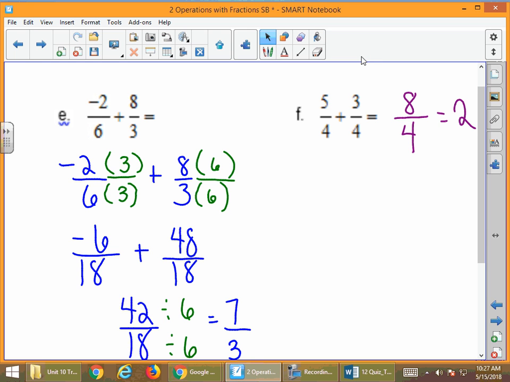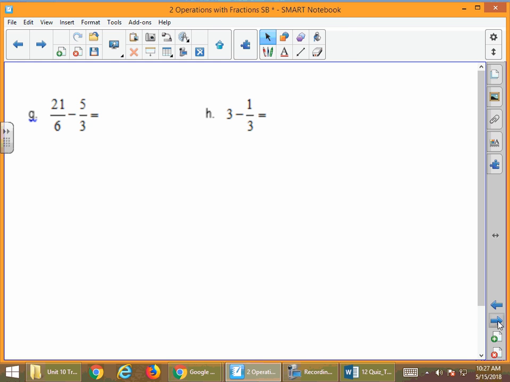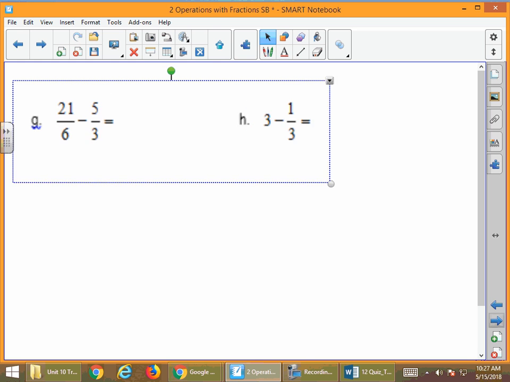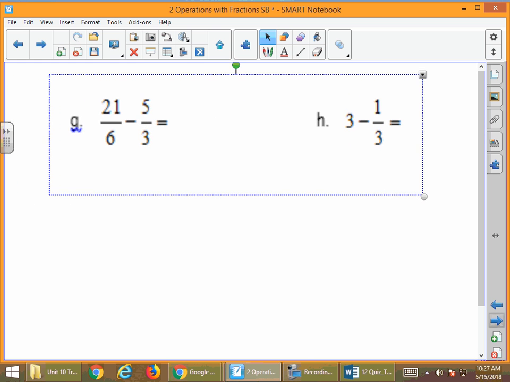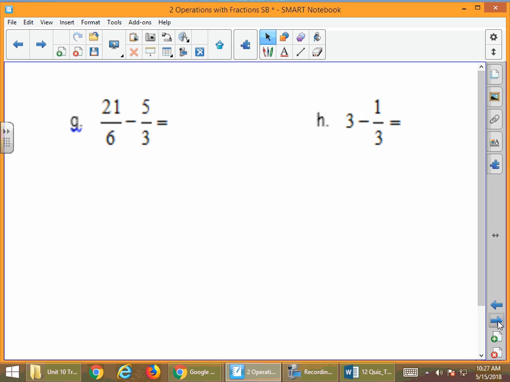So as we get close to finishing here, I do want to do letter G with the least common denominator. And the advantage of adding or subtracting with the least common denominator is that you probably don't need to simplify in the end.